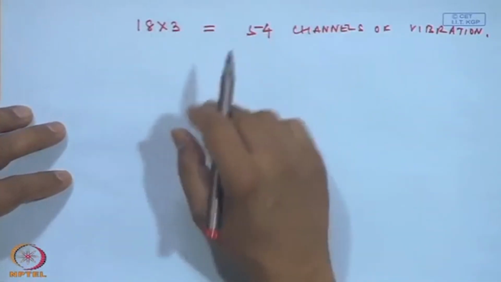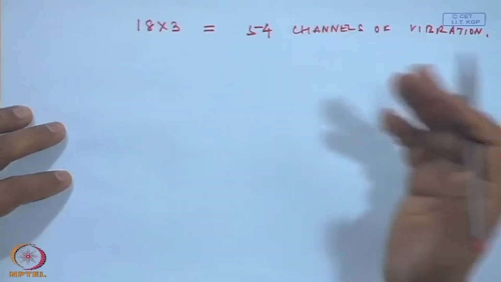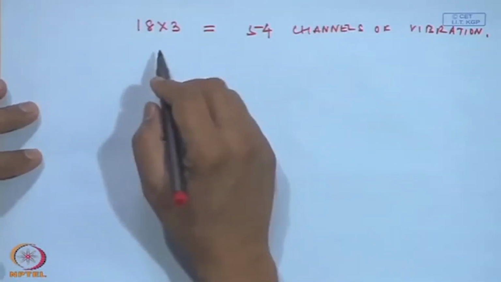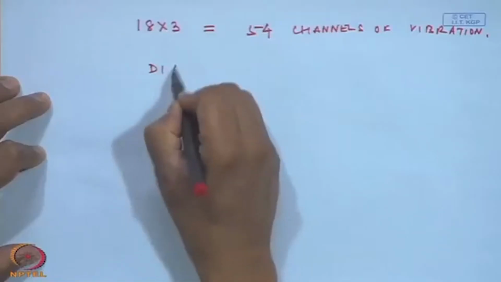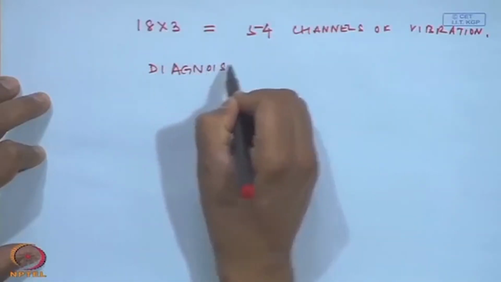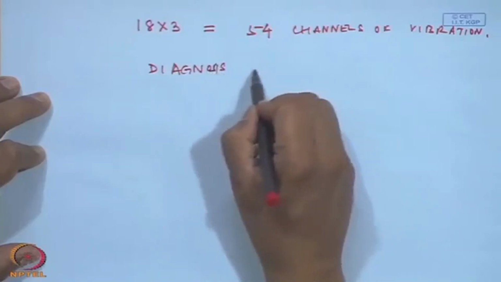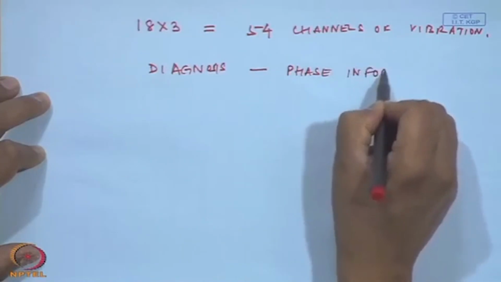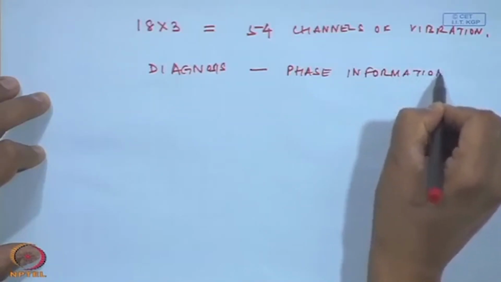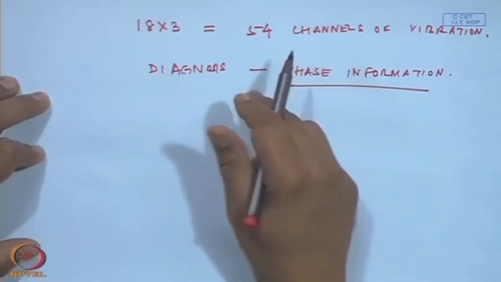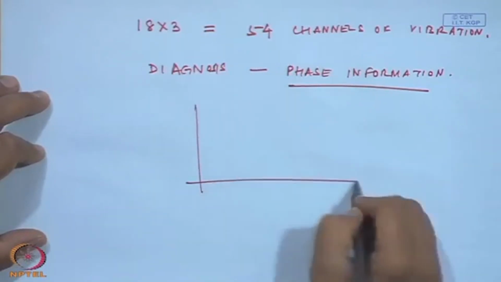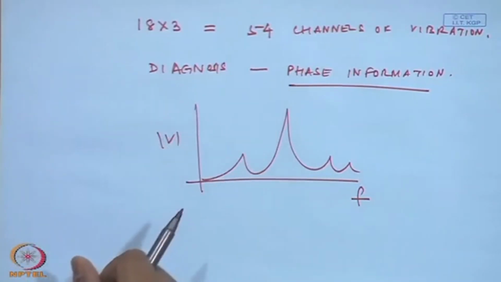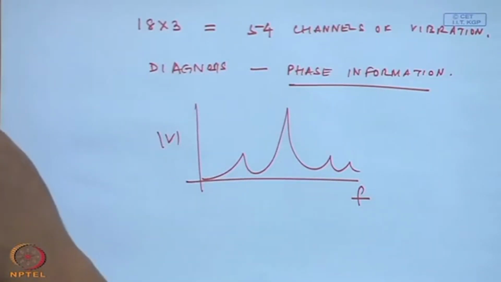So, if I was to measure simultaneously, I need to have a system which will take in all these recordings together, because that will help from a diagnosis point of view. If they are measured simultaneously, I will get the phase information, relative phase between these signals, and that will help me. But sometimes even a single channel FFT also gives me some clue as to what the vibration levels are.